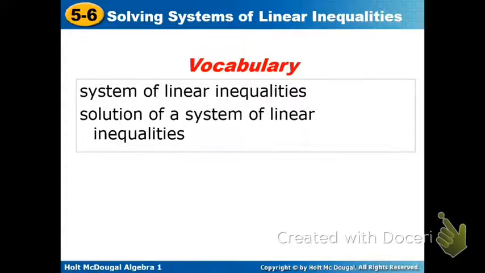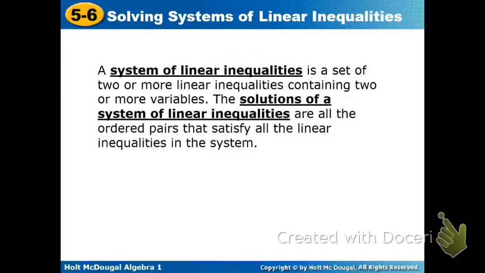Some of the vocab: systems of linear inequalities and the solution of a system. A system of linear inequalities is basically a set of two or more. We will deal specifically with just two in this class right now. And then the solutions of a system are all the ordered pairs that will make those inequalities true.